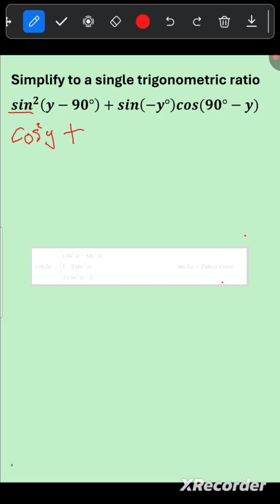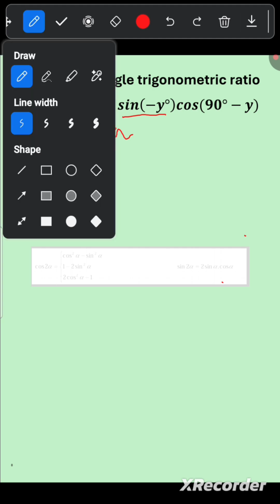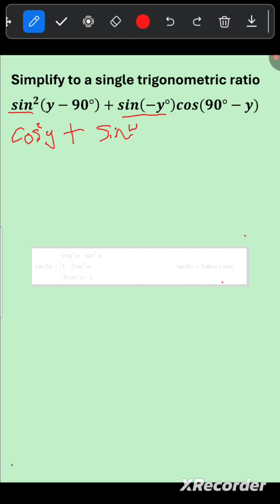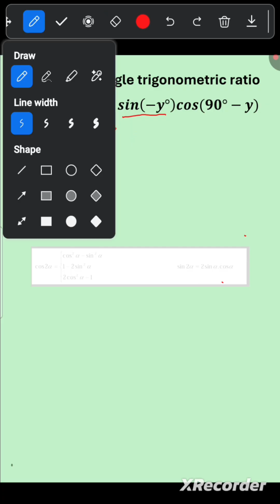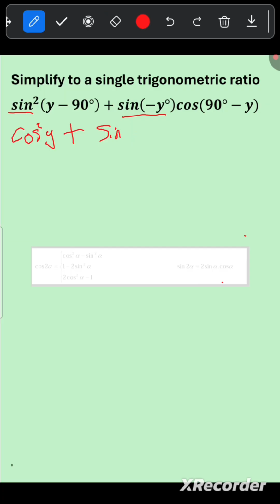So say plus. Now this, you make the negative disappear. You drop the negative, it becomes sine y. Then you go and check whether it is positive or not. So this is sine y. Let me write it nicely.